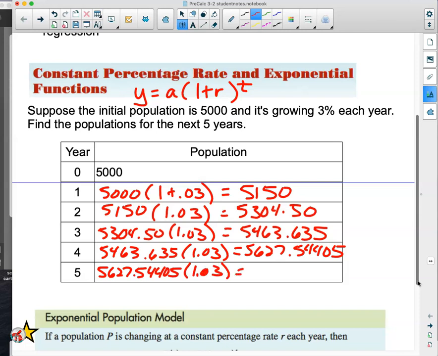And we would again take that times 1.03, and we would get 5,796.372.